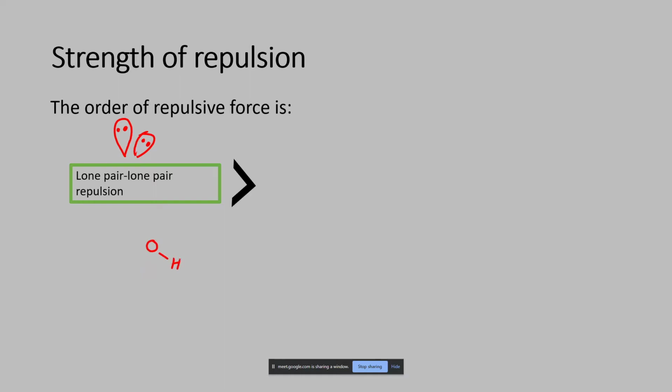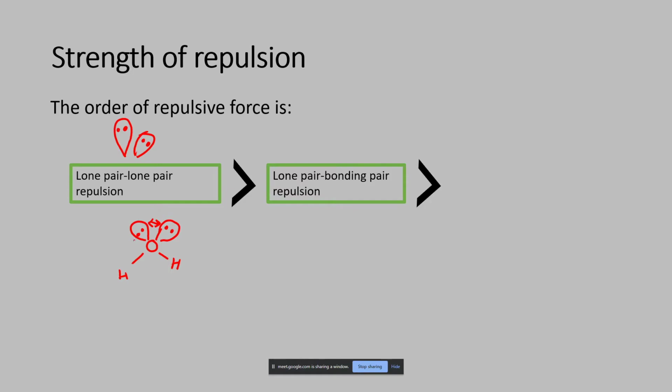So water bentuk dia macam ni, and the lone pairs orang sometimes akan lukis macam ni. So sometimes dia orang lukis just 2 titik. Sometimes dia orang lukis like this. This is also a way to lukis the lone pairs. Okay, contohnya like that lah. So this two repulsion is the strongest among them all lah. And the second is the repulsion between this and this.